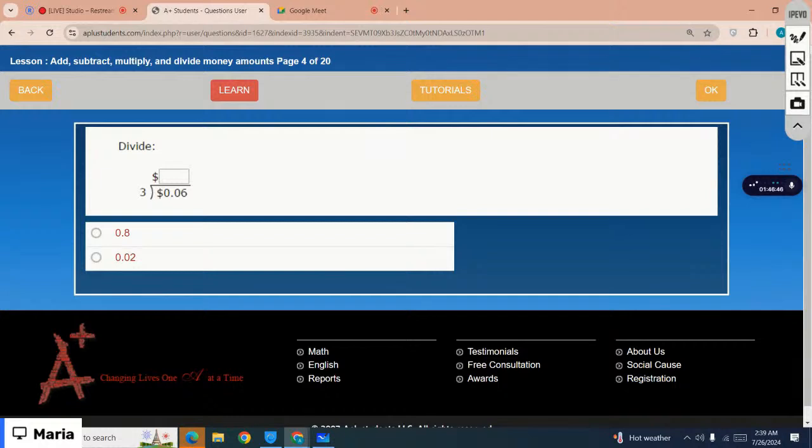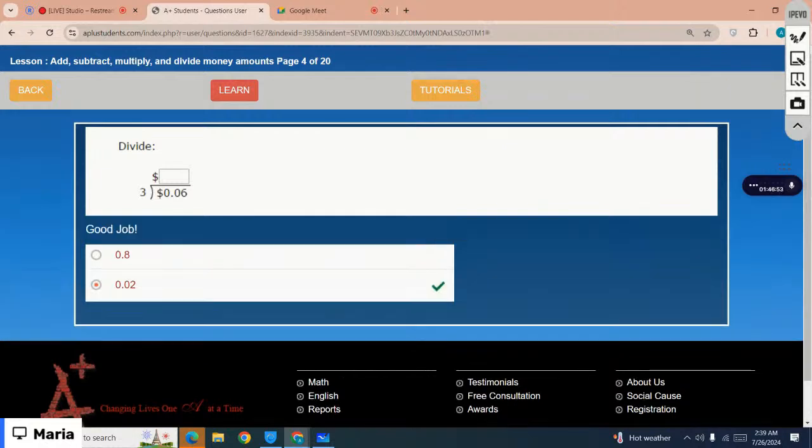That is 0.02. Option number 2 is the correct option, right?